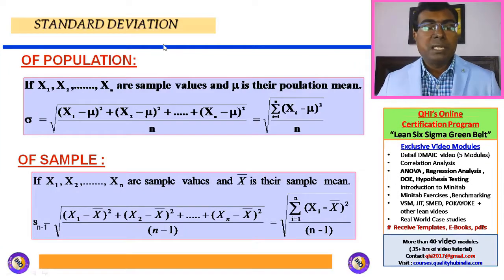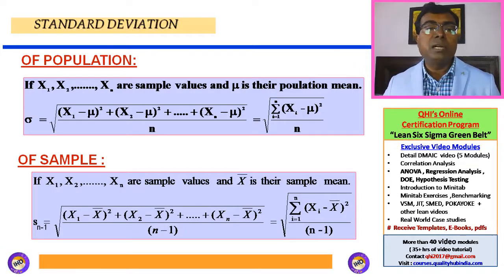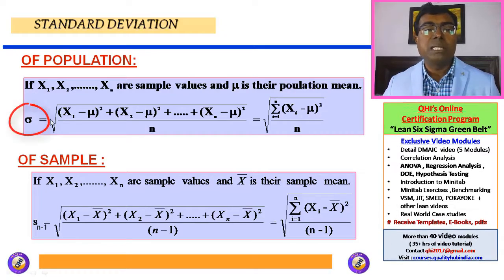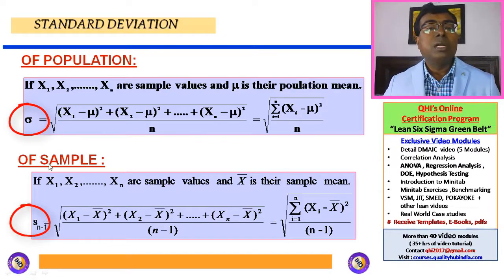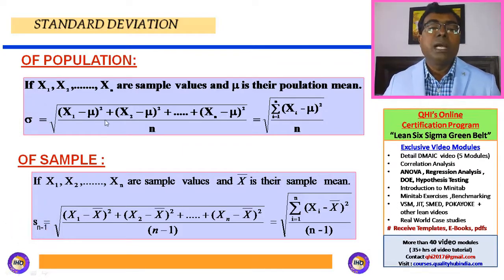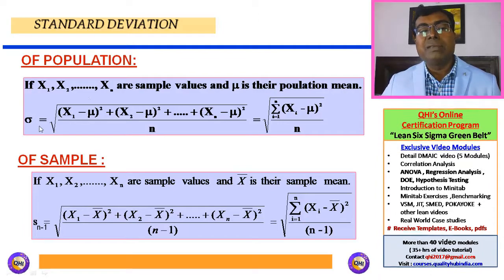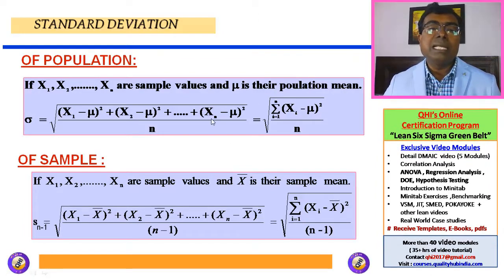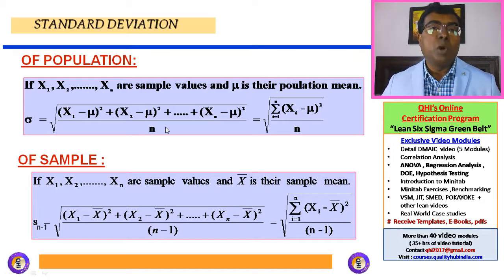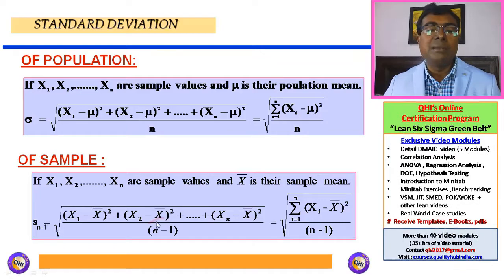Now friends, let's understand how to calculate standard deviation. So standard deviation is denoted by sigma for population and it is denoted by S for sample standard deviation. And you can see the difference in the formula. Here in population, the standard deviation is calculated with this formula. Here you can see the denominator is n, which is the population size, and here in sample, the denominator is n minus 1.